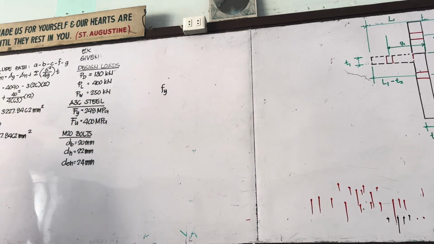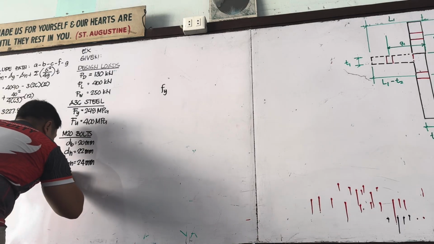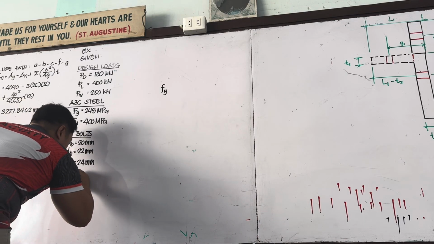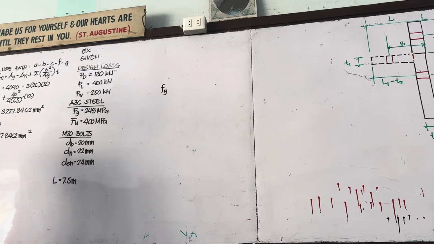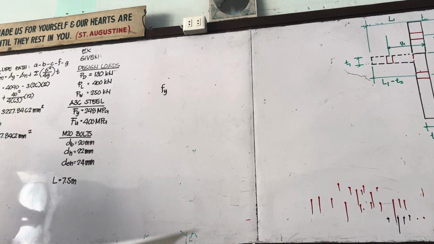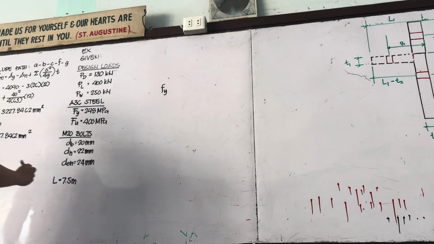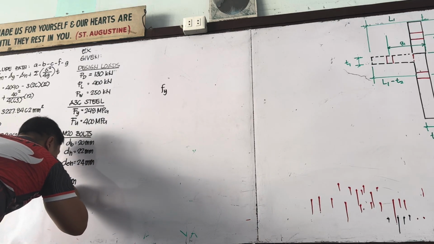The member is 7.5 meters long, so our length is 7.5 meters. This will be connected to a 10 mm thick gusset plate. Interesting problem, we have the thickness of the gusset plate.